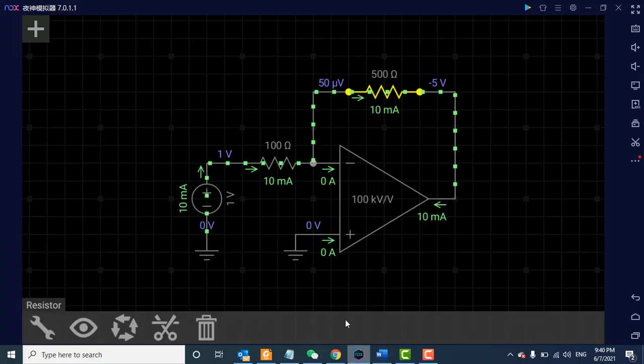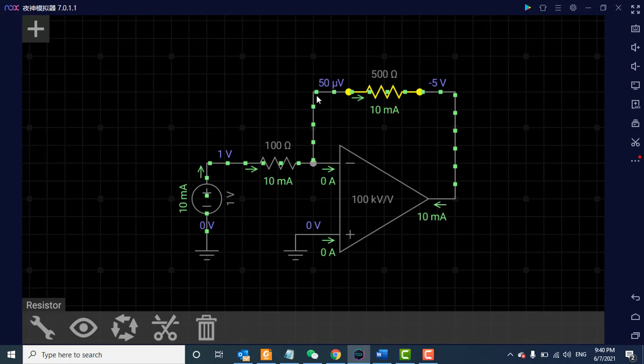If I go to the simulation, here you can see the op-amp must generate 5 volts to absorb the 10 milliamps of current, or to allow the flow of current. So it should be positive 5 or negative 5. You need to decide, because the current is flowing from left to right.